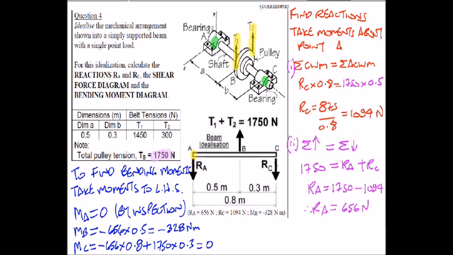So I'm now in a position where I can actually plot my bending moment diagram, taking this as my 0 position. Then we know the bending moment at A is 0, the bending moment at C is 0, but the bending moment at B is negative 328, so I'll draw it down there. And don't forget, as always, we put nice linear lines through these points. So that's negative 328 Newton meters.